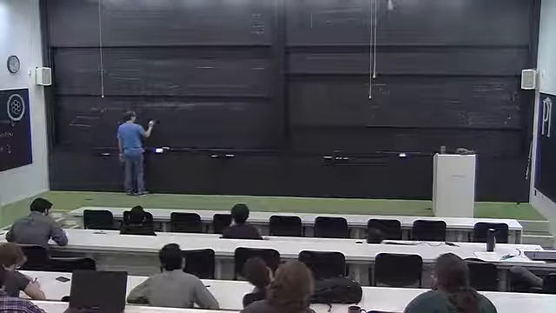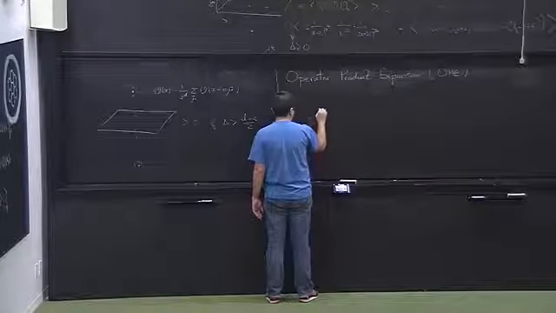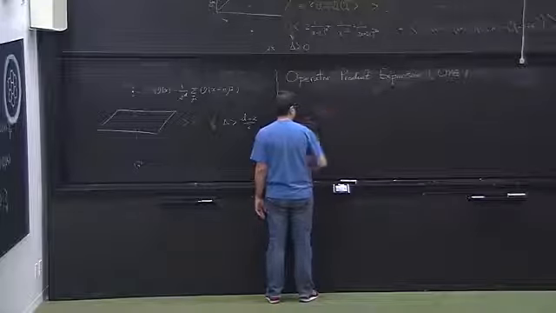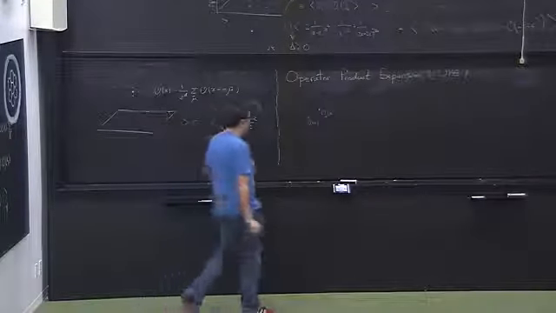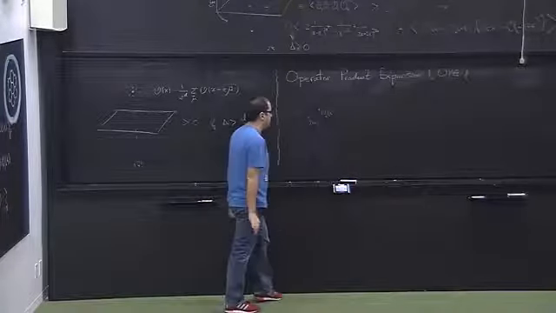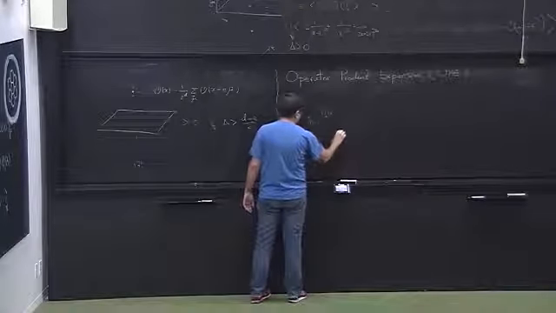Now, the OPE is the following statement. It's the statement that if I have my operator here, O1 at the origin, and my operator here, O2 at some point x, and then there might be some other operators, but I don't care about it. The claim is that I can imagine a sphere that encircles them.